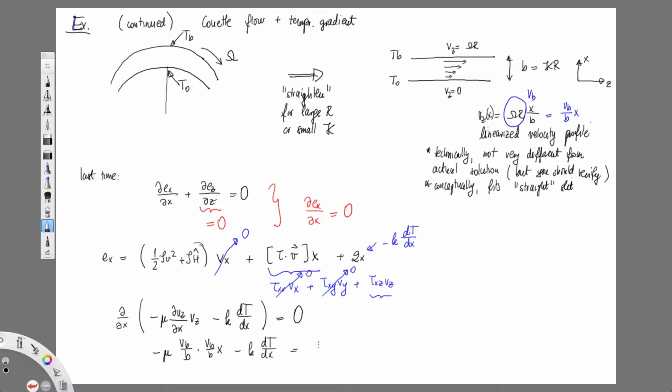That has to be equal to some constant when I integrate. So my dt dx is, putting things on the other side, minus mu divided by k, vb over b squared x, minus c1 over k.